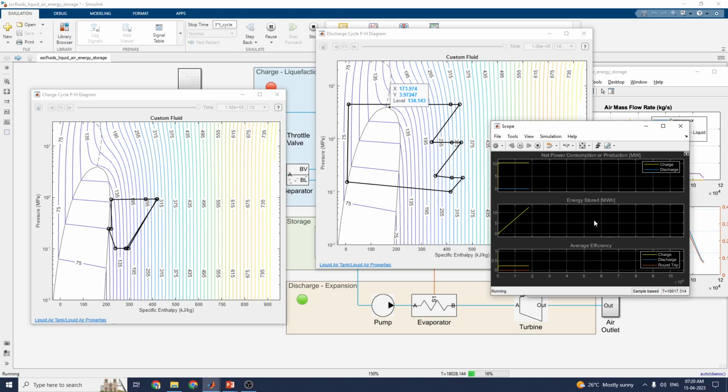You can also see the average efficiency during the charge cycle and during the discharge cycle, and this orange color line shows the round trip efficiency.